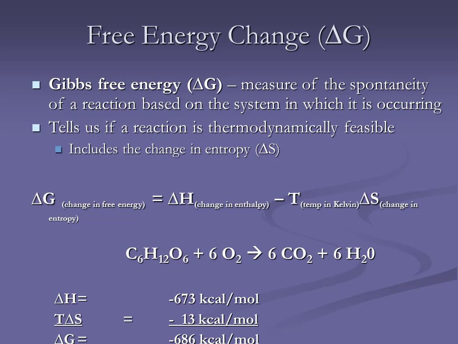And Gibbs free energy is where we get this. So we have this measure. Since entropy is not a great measure, enthalpy is pretty good, but it doesn't take us all the way to where we really need to be, then Gibbs came up with this equation.